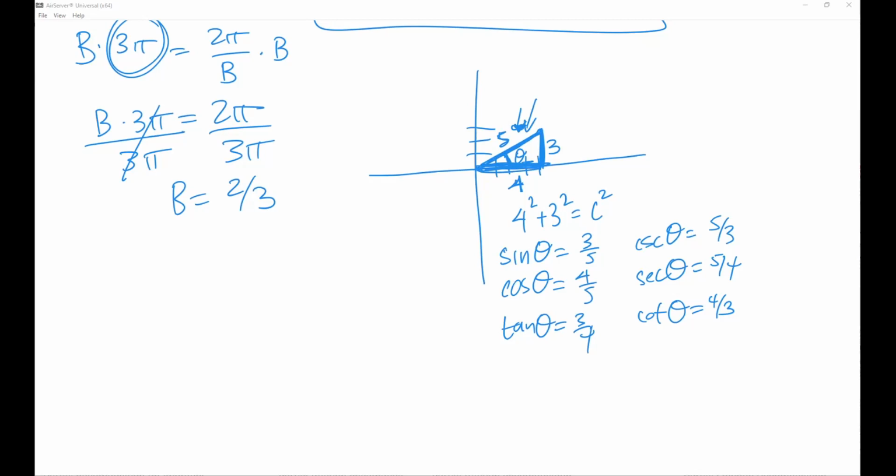Okay, so let's look at the unit circle here. Now, how did we get those answers? Look at the filled out unit circle right here. Remember, it was looking for what?